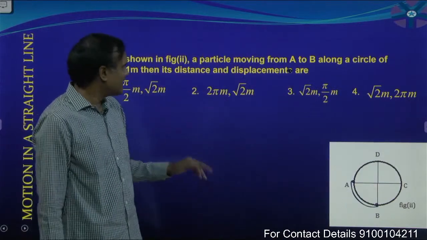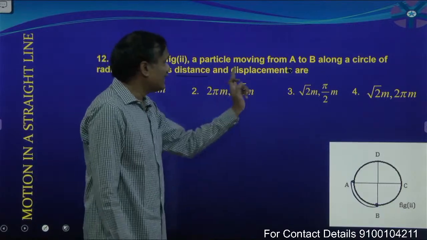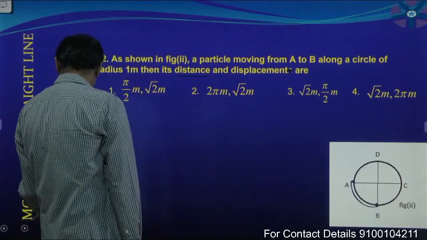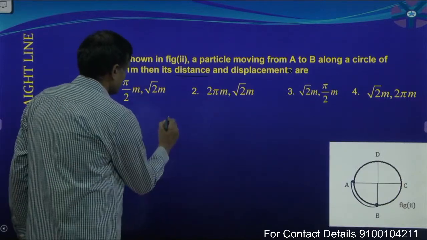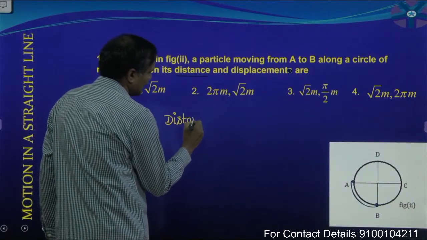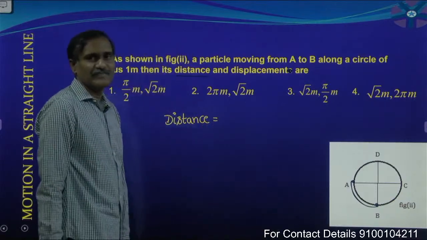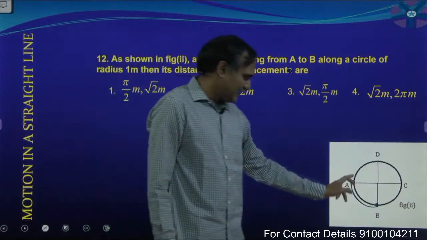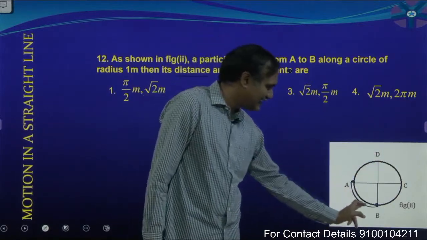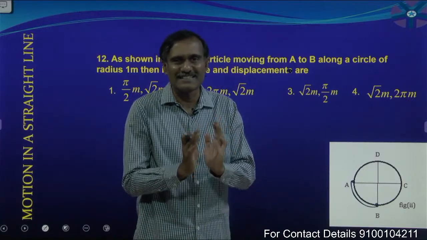Now, for that journey, first I want to calculate distance, then after that displacement. Distance first. Distance is nothing but the actual length of the path travelled by the particle. It is moving along the circumference of a circle, therefore this length becomes 1/4 of its circumference.